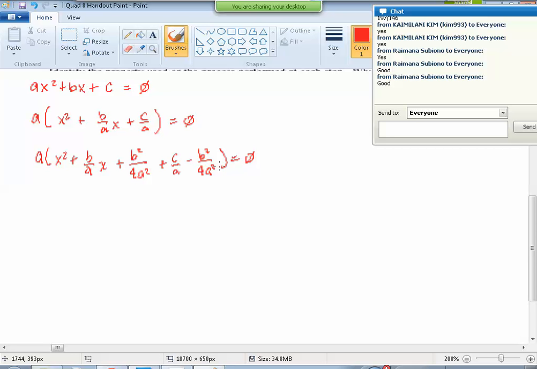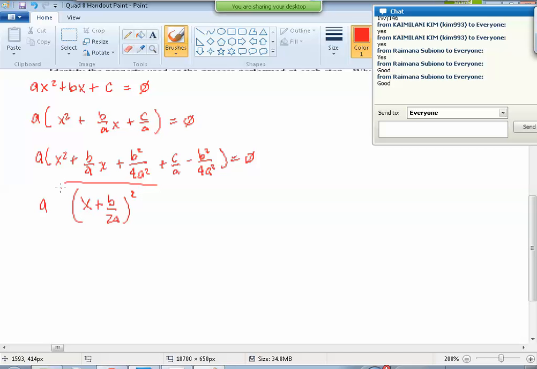The advantage of completing squares. These first 3 terms right here, I can factor that. And that becomes x plus b over 2a squared. I gotta put that a out in front.